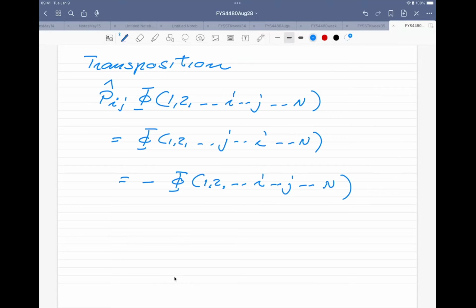And for the determinant, if you now think of a 2 by 2 determinant, and just set that one up, A11, A12, A21, A22, just to remind you of what we did last week, this is the same as A11 times A22 minus A12 times A21. So there we have a transposition, where we are interchanging columns 1 and 2.